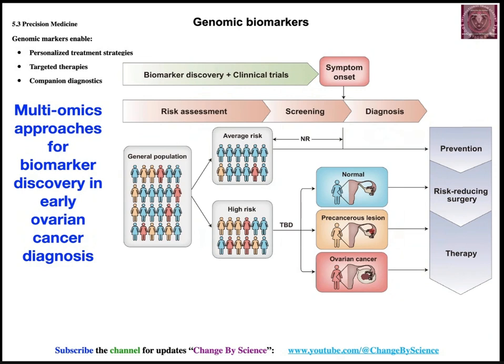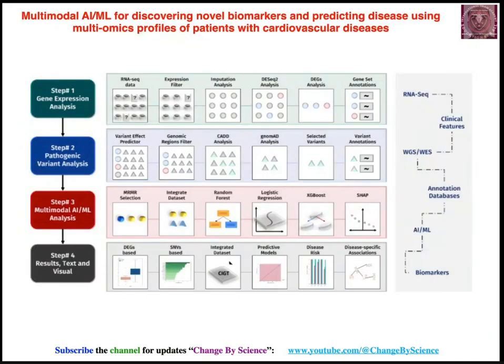So if your approach is quite robust, then most often there is a maximum chance of experimental validation also. Now, you can think about purely computational prediction, where you can go for multimodal AI and ML for discovering novel biomarkers and predicting diseases using multi-omics profiles of patients with, for example, cardiovascular disease.